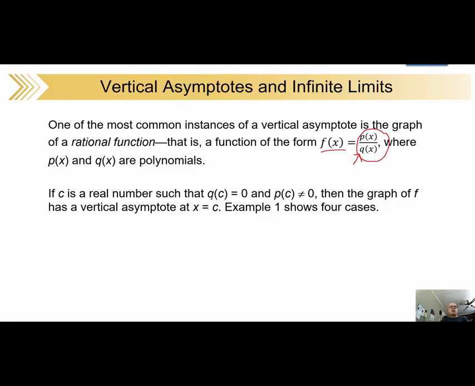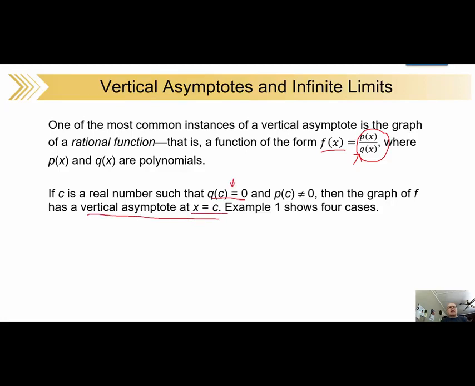Now you have to make sure that if q of c equals 0 and you don't have 0 up above, then the graph of f can't actually get there and has a vertical asymptote at x equals c.